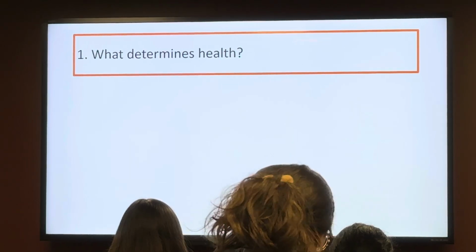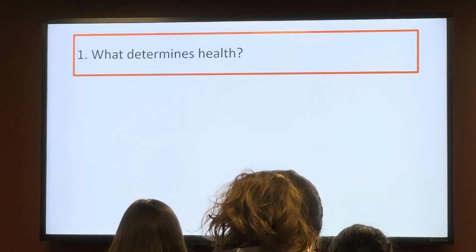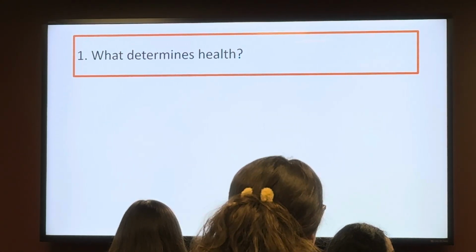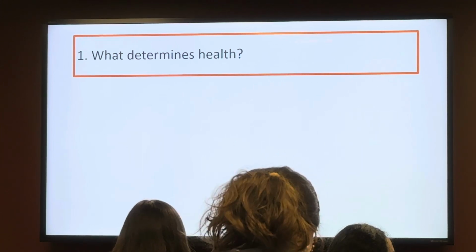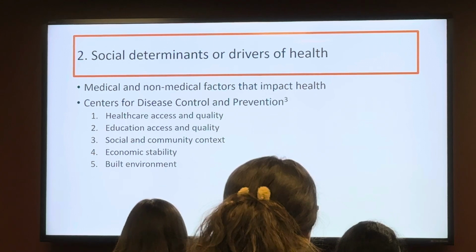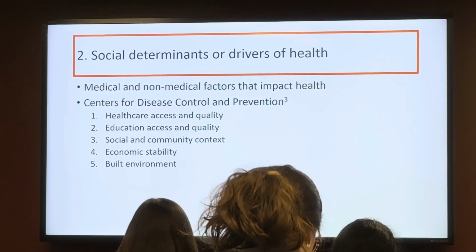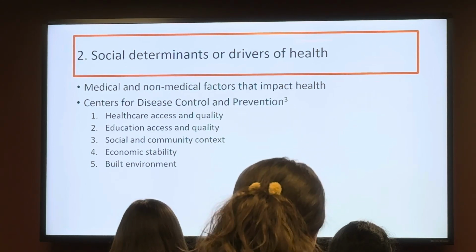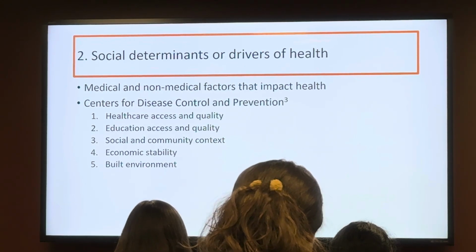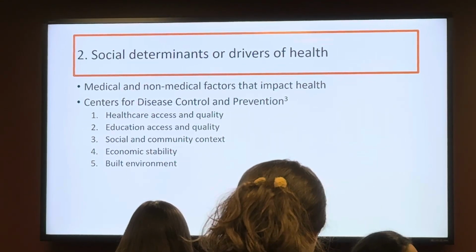Alrighty, so that's a good start. But when you look at this question, there are a lot of things that will impact whether someone is healthy or not. And so the complete answer to that is on the next slide. I think we need to recognize that there are medical and non-medical factors that impact health. Okay, and when you put them together, they are typically referred to as the social determinants or drivers of health.